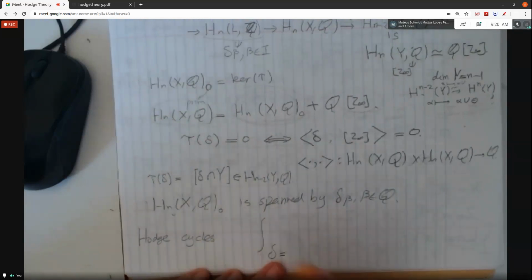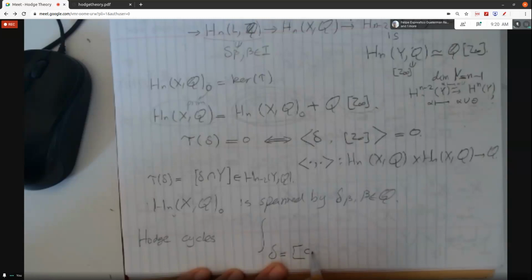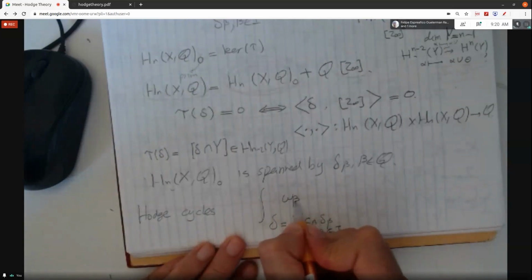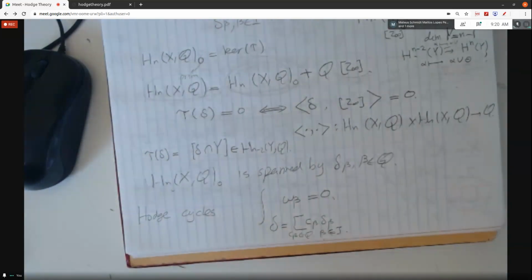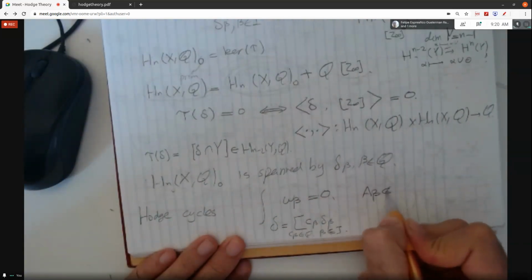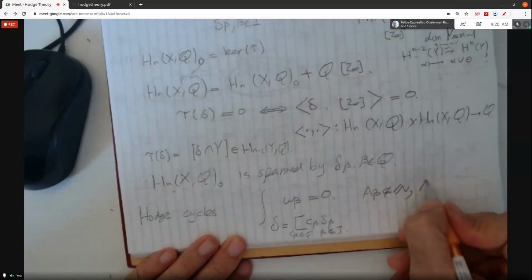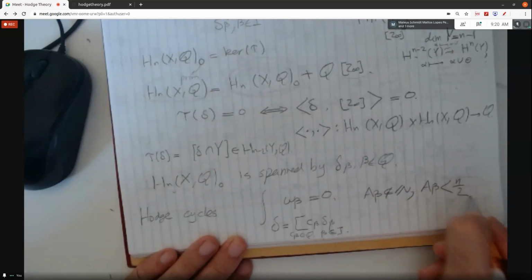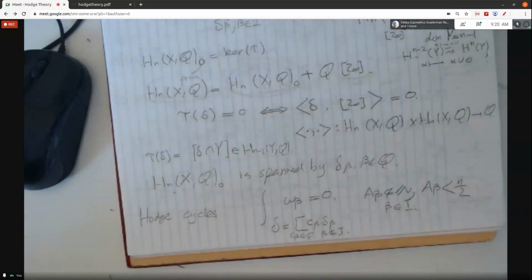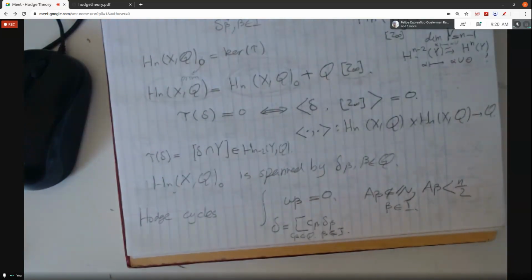Well, it is a span, so we have to take some combination of delta beta, sum of c_beta delta beta, where c_beta are rational numbers, beta in I, and these integrals must be 0 for all beta which are not integer, and beta must be less than n over 2, and beta is in our index set I. Okay.